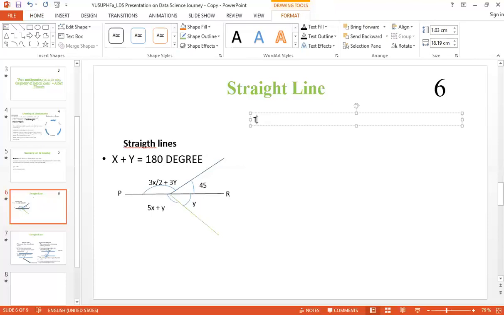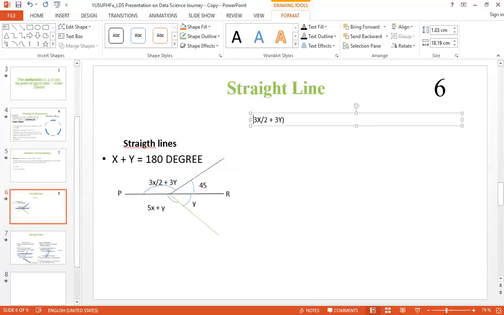So when looking at that, we have 3x over 2 plus 3y. This angle is on the same straight line with 45.